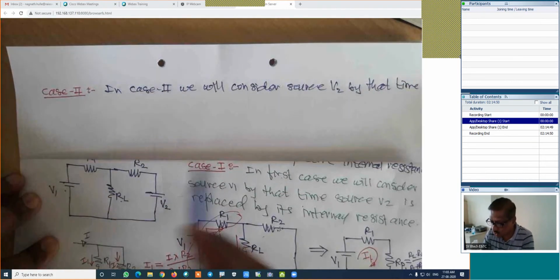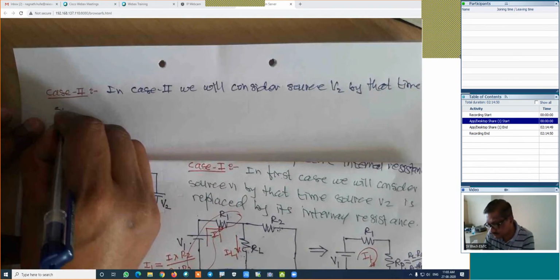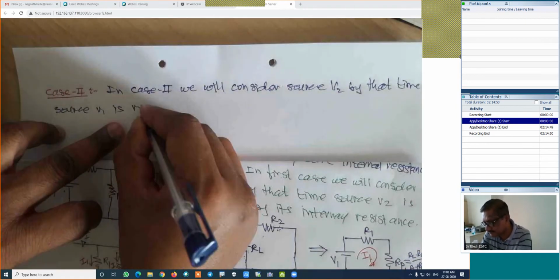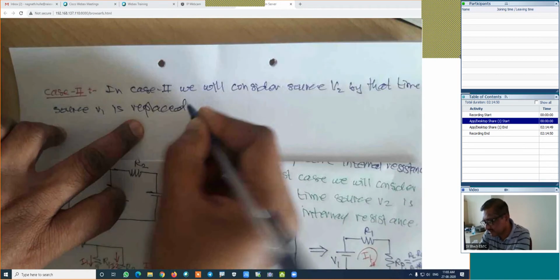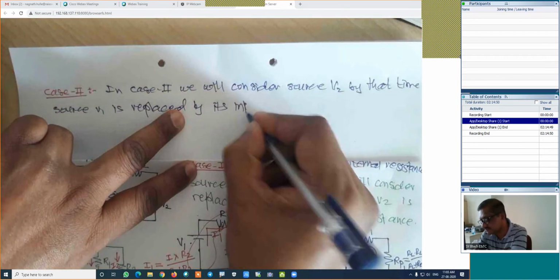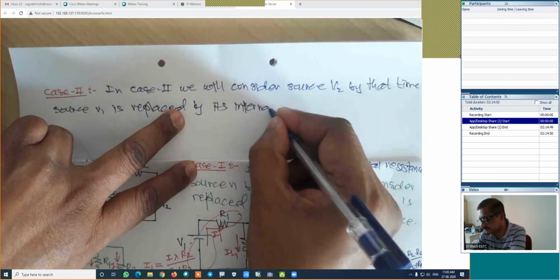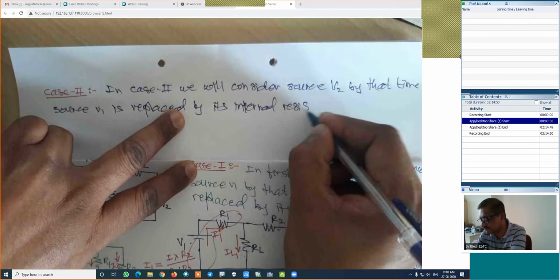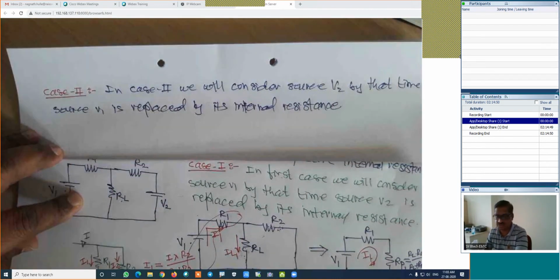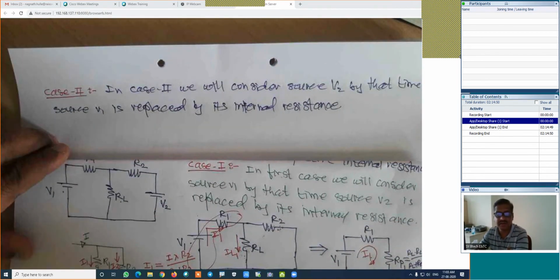By that time, source V1 is replaced by its internal resistance. Then how will the figure be for case 2?